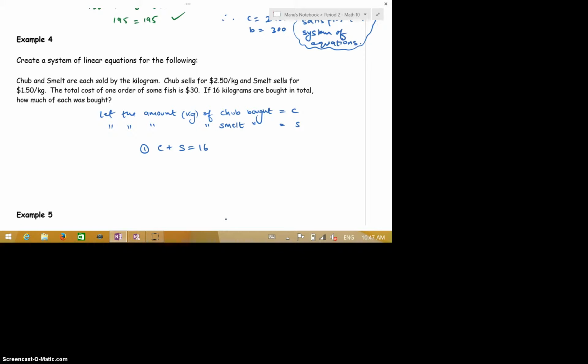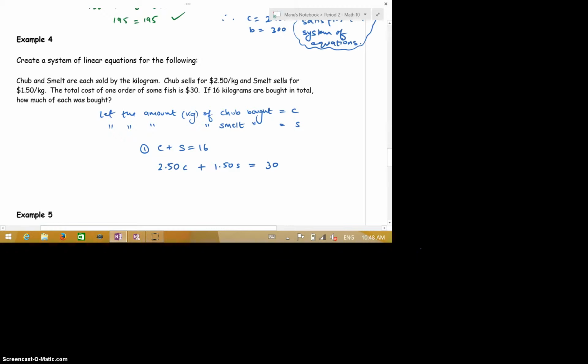However, when I write that out, I always write coefficients first before the variable. The variable always goes second. So when I write that, I'll write it like this. I'll go 2.50 C plus 1.50 S has to equal $30.